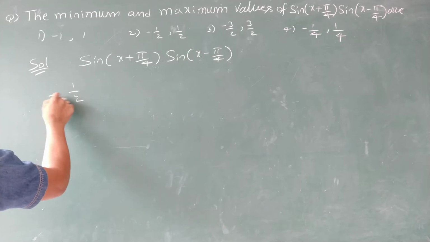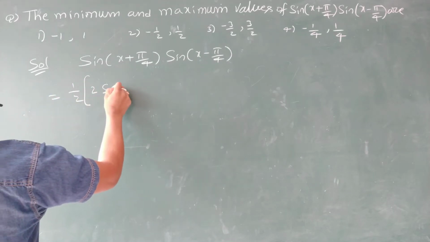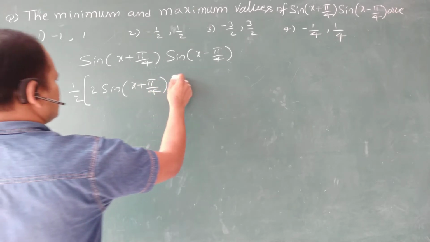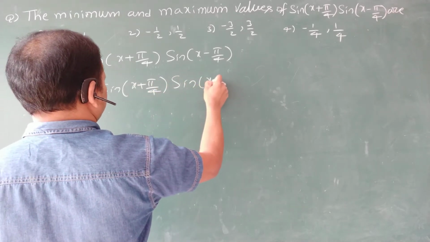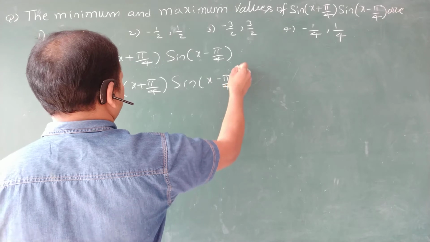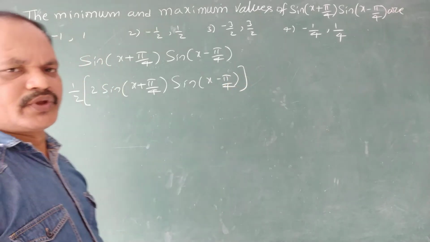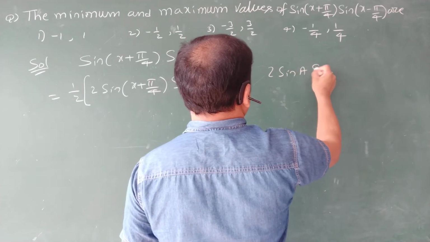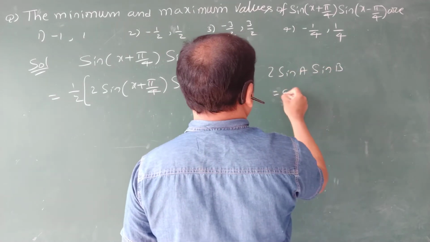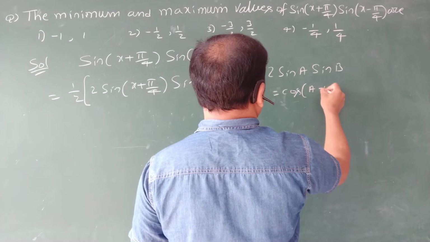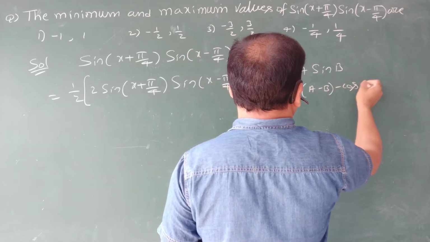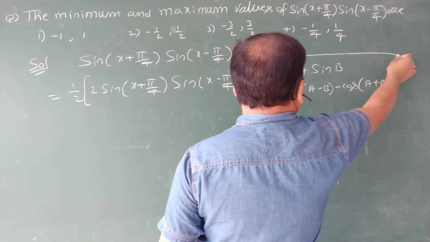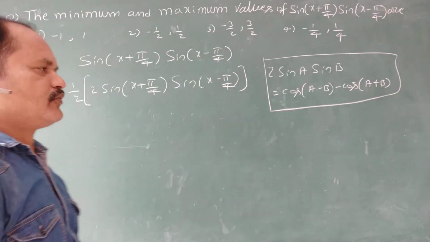Then it is 1 by 2 times 2 sin(x plus pi by 4) sin(x minus pi by 4). According to the formula, we write it accordingly.